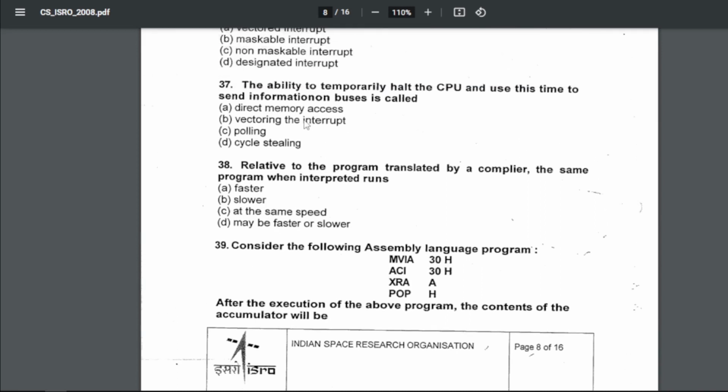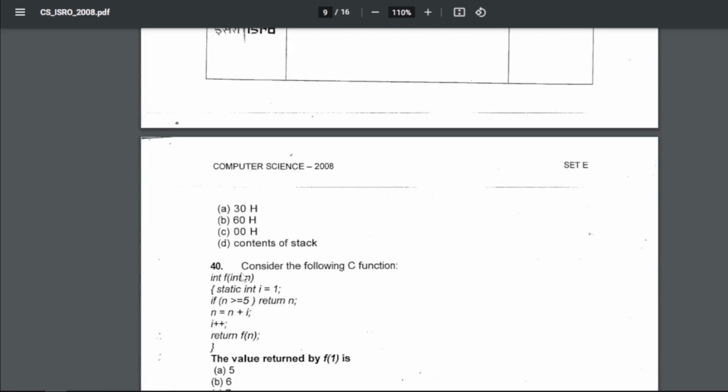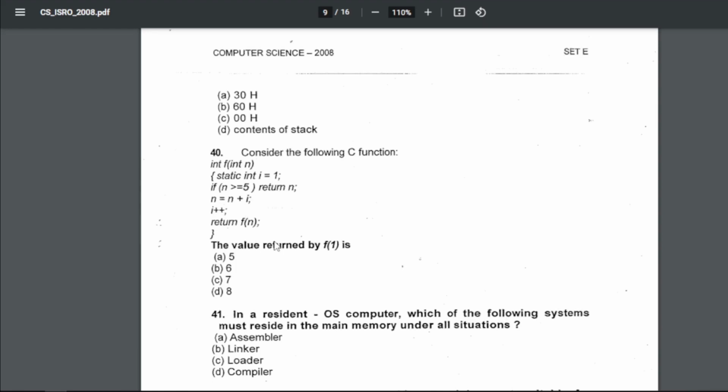Question number 39: consider the following assembly language program, right? This is the program. Now it is asking that after the execution of the above program, the content of the accumulator will be what? For this our answer will be C, that is 00H. Question number 40: consider the following C functions.